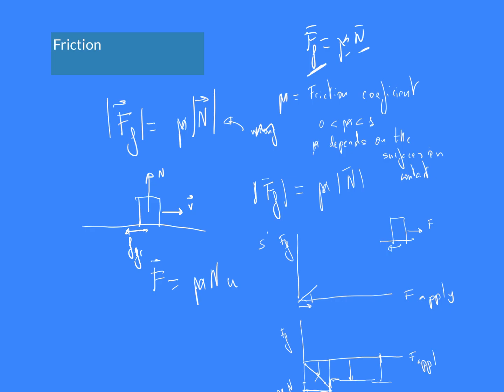So mu is what we call the coefficient of friction. It is something between 0 and 1 and depends on the surface in contact. The relation that you will use is that the friction force depends on the normal. What does this mean? It means that if the normal is very big, the friction force is very big.